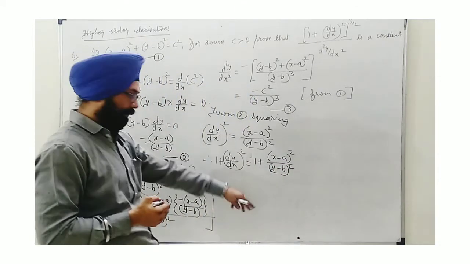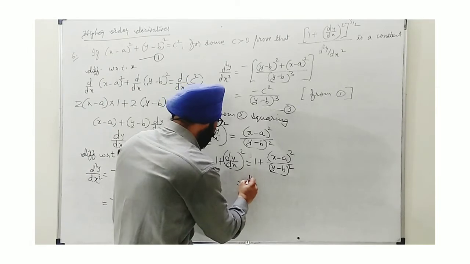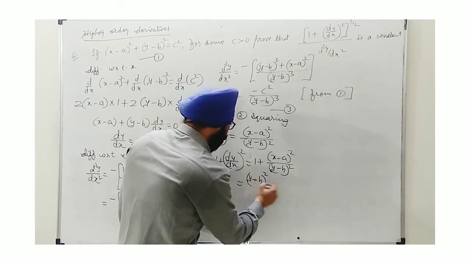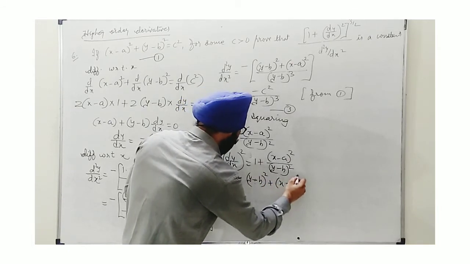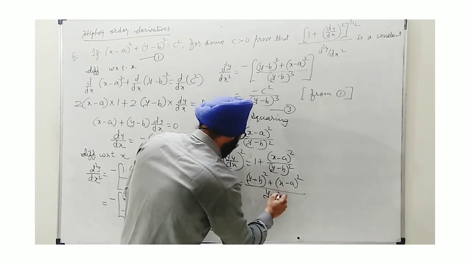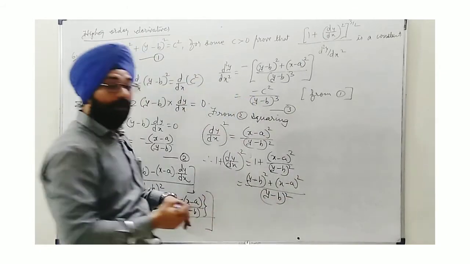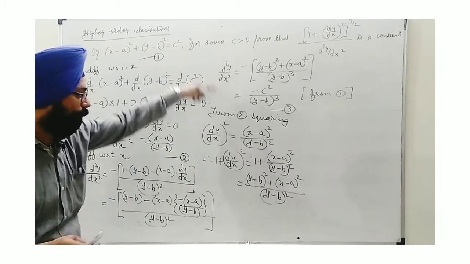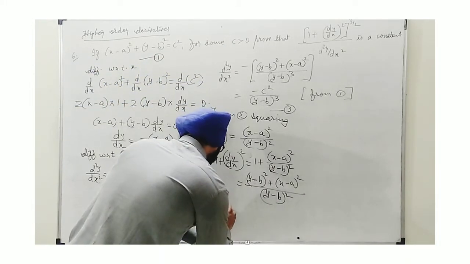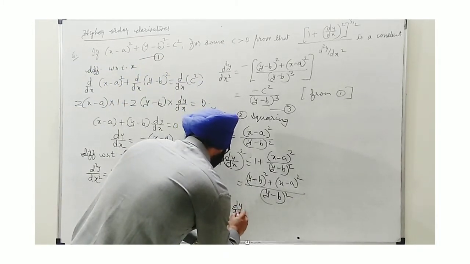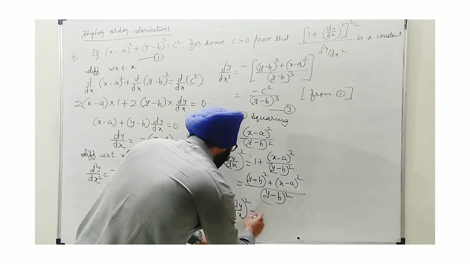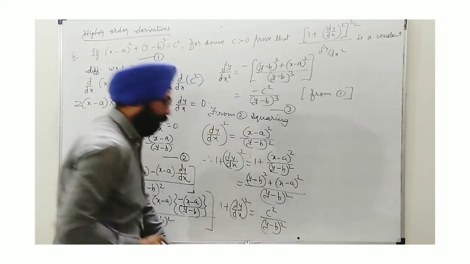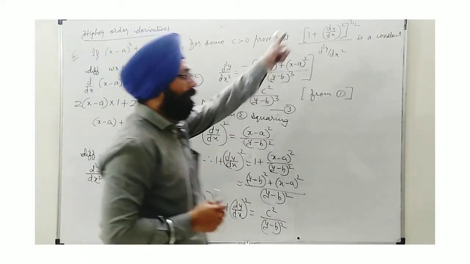And once again the same thing, LCM will be taken to simplify. We have (y minus b) whole square plus (x minus a) whole square, in the denominator (y minus b) whole square. Without delay I will say we are having again the numerator equal to c square. So use it. 1 plus (dy/dx) whole square is c square upon (y minus b) whole square. One more step to get the numerator required.